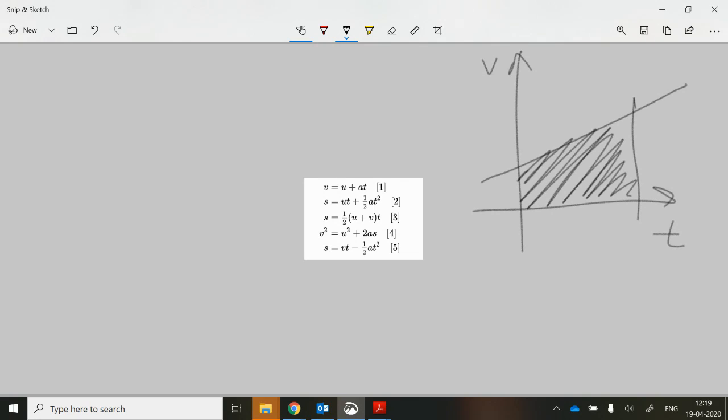So these are all situations where the change in your velocity divided by the change in your time gives you your acceleration. This gives you your initial velocity, u, and this gives you your final velocity, which we call v, just to be a bit confusing. This is v, this is u, and this is your time. And we always have a constant acceleration here.